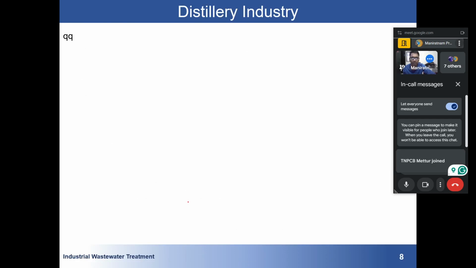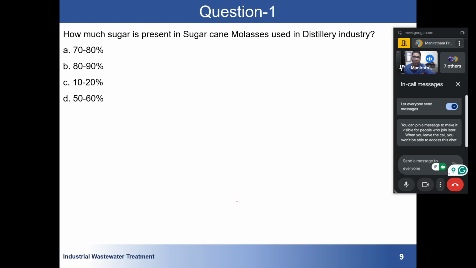Now we will be discussing the questions one by one. As usual, I request everyone to please participate. You will be able to answer easily if you have gone through the lecture. This is the first question: how much sugar is present in sugarcane molasses used in the distillery industry?